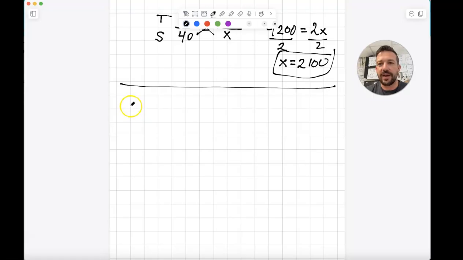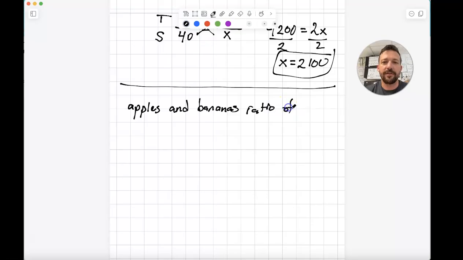And obviously at Walmart there are a bunch of apples and bananas. Okay? There's a ratio of 5 to 4. That's how you do the ratio, with that colon. So the first number should represent the first thing that was said. The second number represents the second thing that was said.